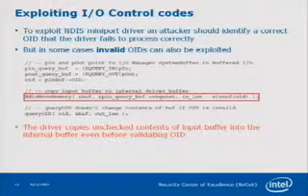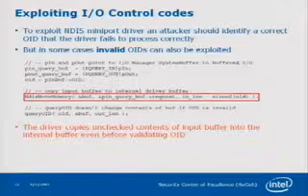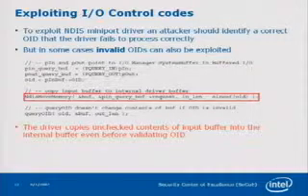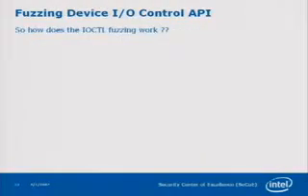The driver copies unchecked contents of the input buffer into the internal buffer even before validating the object identifier, even before dispatching it to the query OID function. So a malicious user mode application can send any trash instead of an object identifier, and this will trigger this vulnerability.